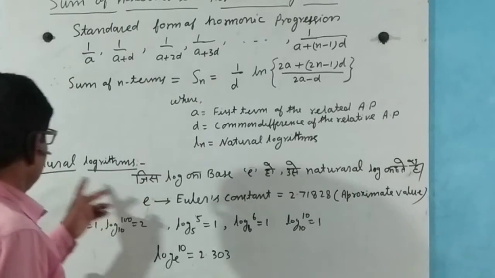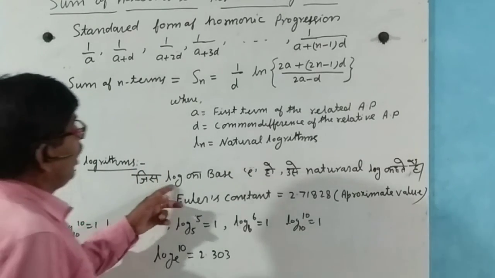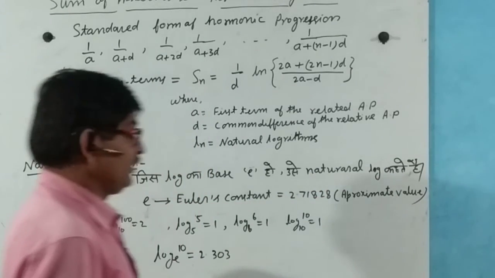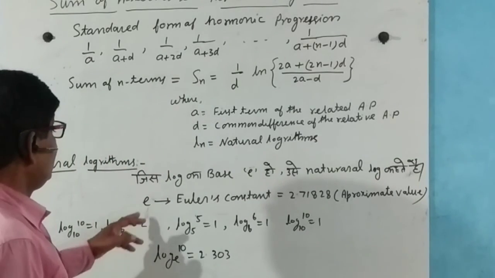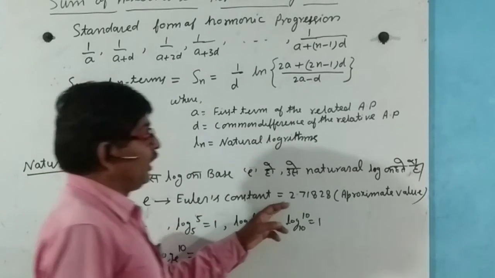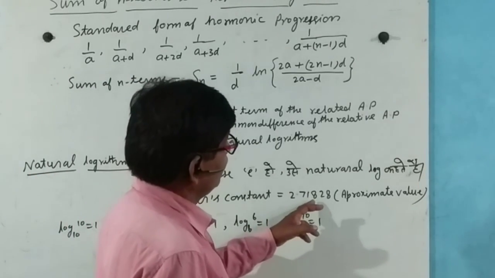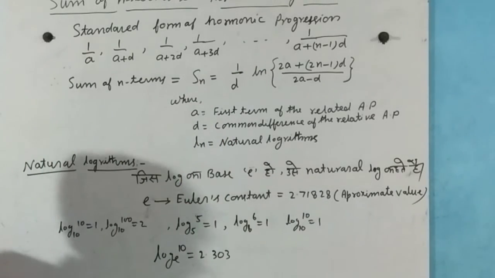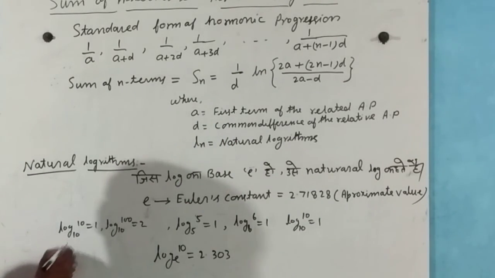Here natural log means a log whose base is e, that is called a natural log. e is the Euler constant and its value is approximately 2.71828. Now, 10 to the power 1 is equal to 10.